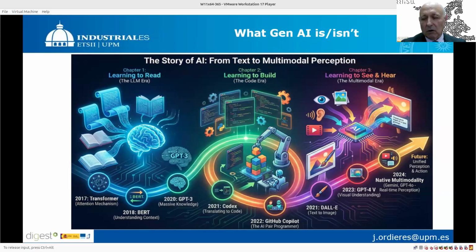Then in 2024, the largest generalist LLMs like GPT, Gemini, Claude, and some others became natively multimodal, able to move from text into video, from video into text, audio, a mix of inputs in a very broad sense.